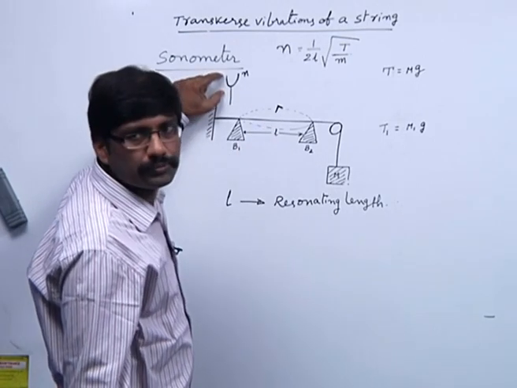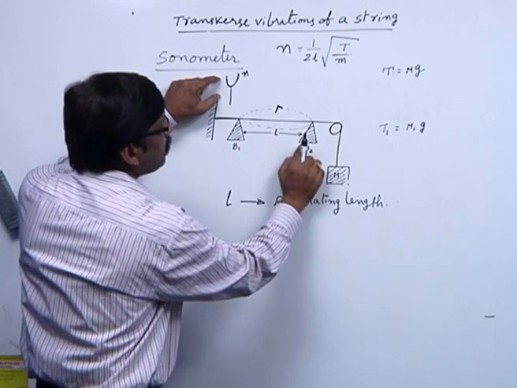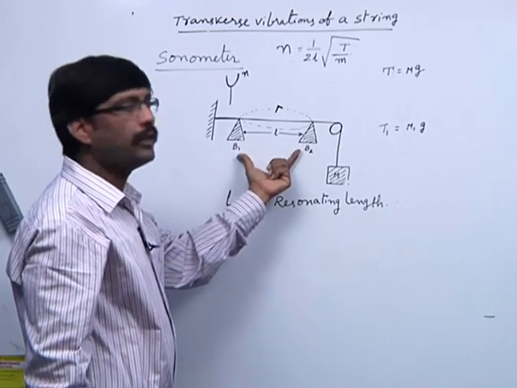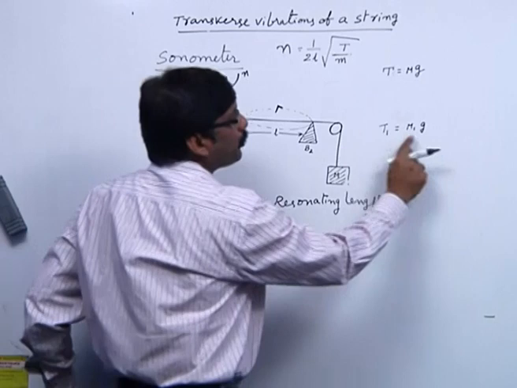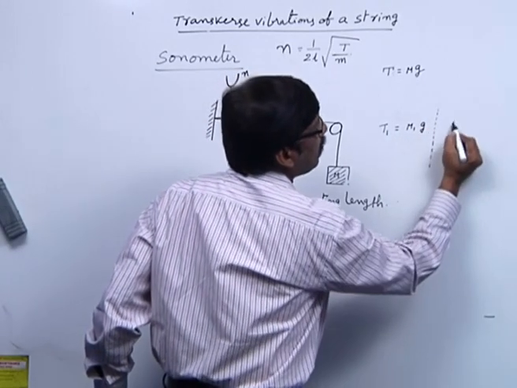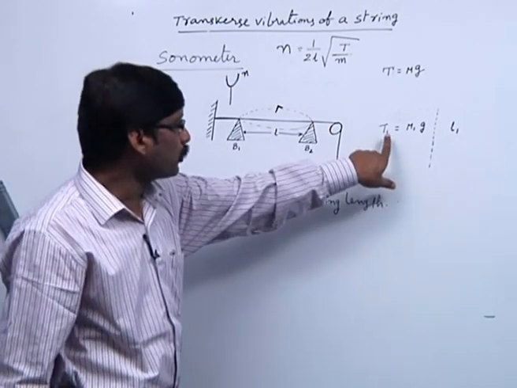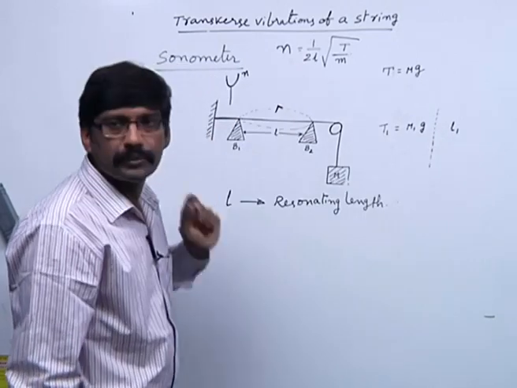Vibrate the tuning fork, and vary the position of B2 to a particular length. The rider placed at the center will fall down. Note down the resonating length. Corresponding to this T1, L1 is the resonating length.